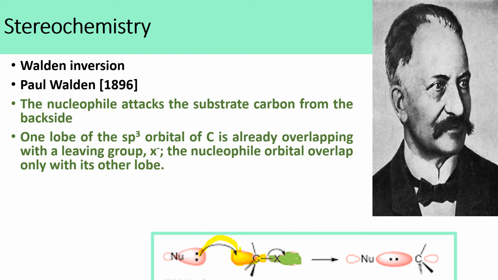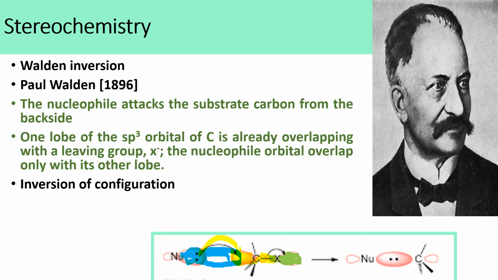So one lobe of the carbon overlaps with the leaving group and the other lobe is free. That lobe overlaps with the nucleophile's orbital. So it is the attack from the backside.